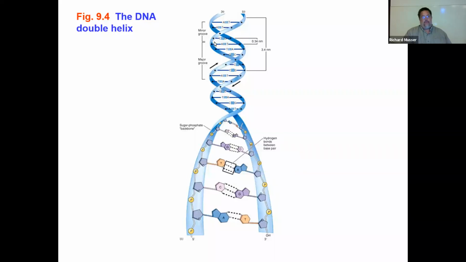And then as this gets wrapped around, you have what you call minor grooves and major grooves and so forth. But the take-home message is the backbone is made up of the sugar phosphate group, and the thymine attaches to adenine, and guanine attaches to cytosine. The bigger base is the purine, and the smaller base is the pyrimidine. You'll also notice, and you'll learn more about this when you take cell biology, but you have a 5' end and a 3' end.